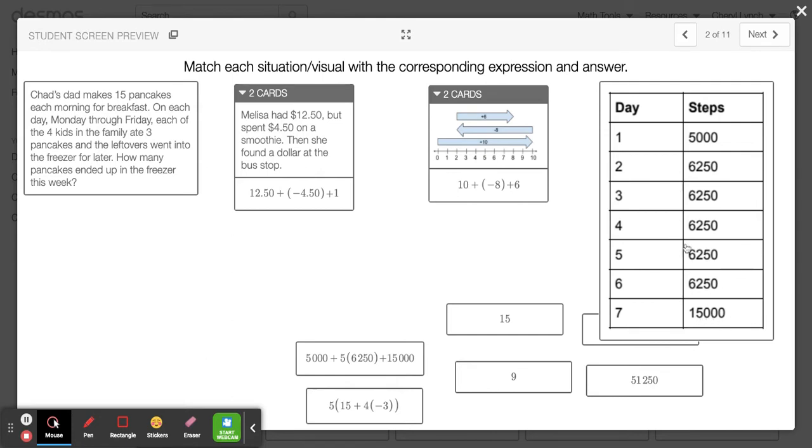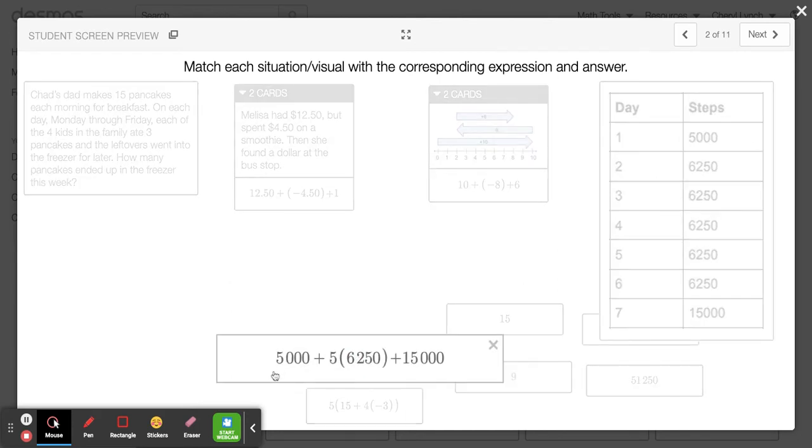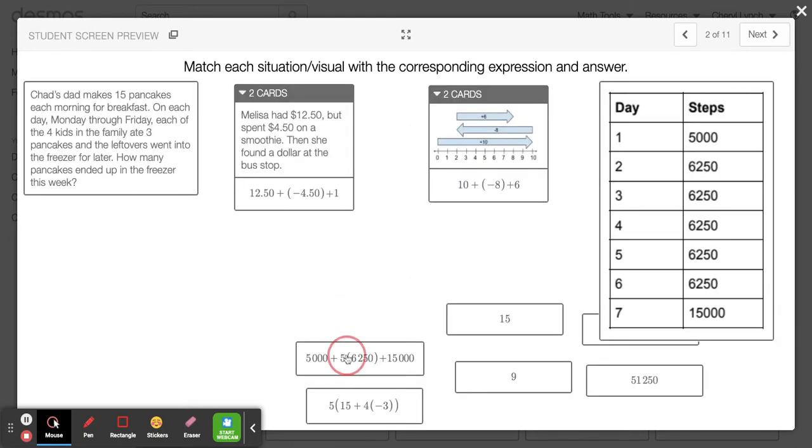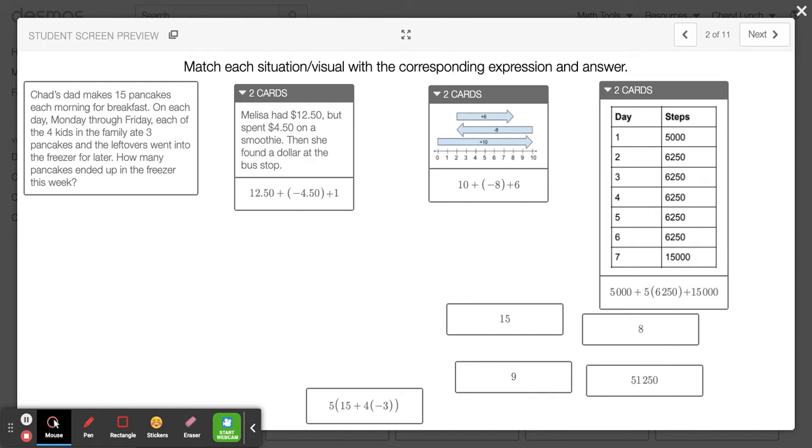So which situation represents this? Well, if I see here, I start with 5,000, and then 5 times 6,250, plus 1,500. So this expression is going to go with that situation.